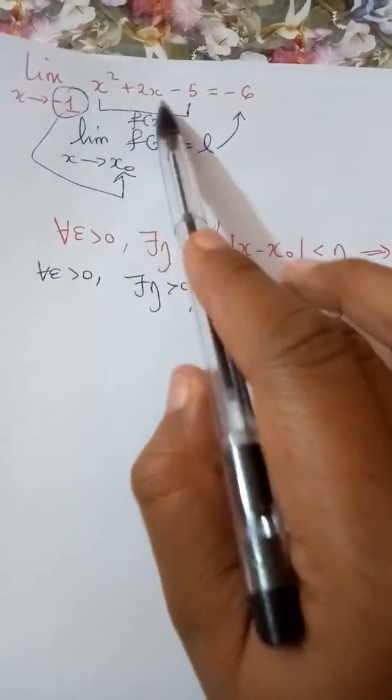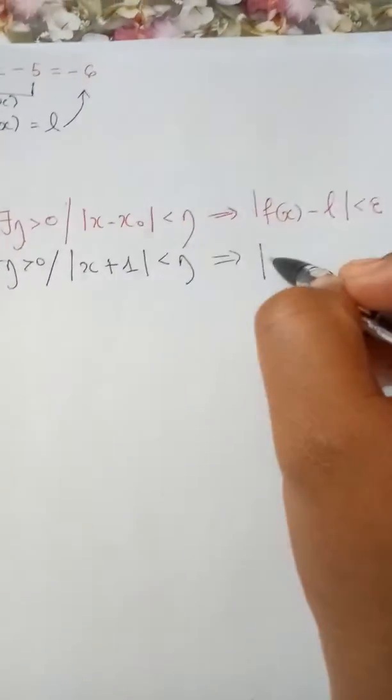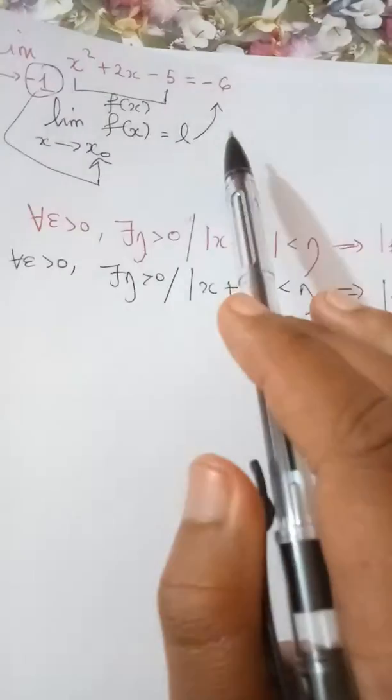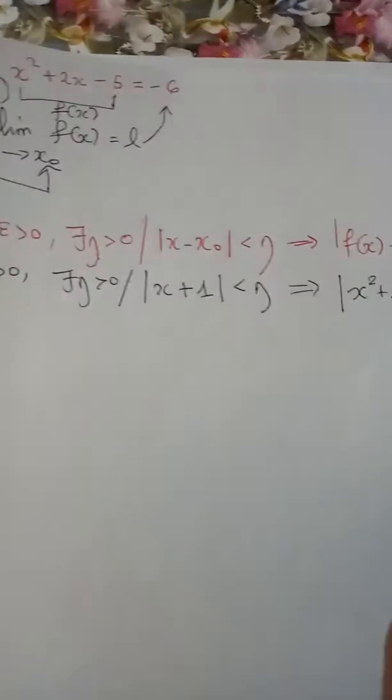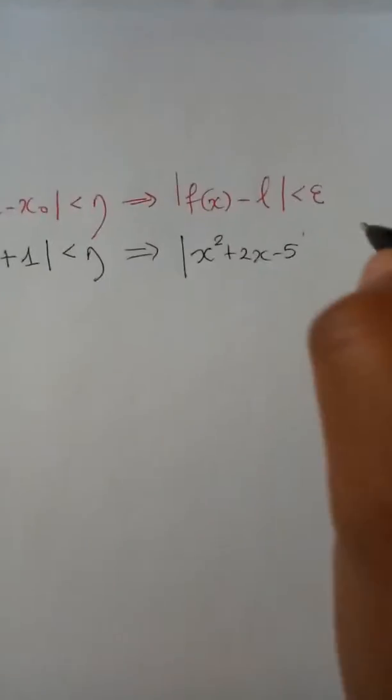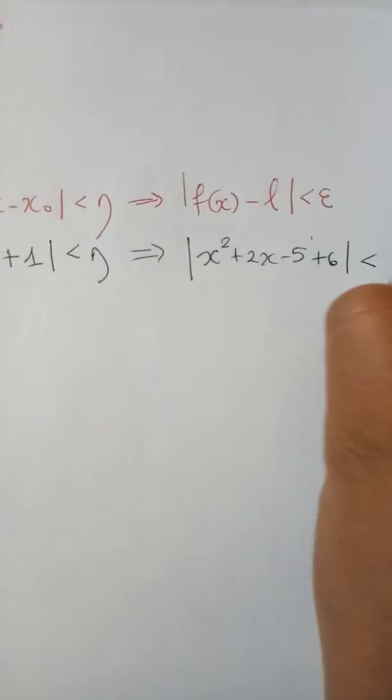From here you can see that this is our f of x, so we replace it: x squared plus 2x minus 5, and our L is -6, a negative L, so minus -6 gives plus 6, less than epsilon.